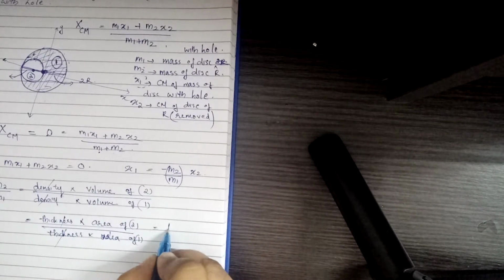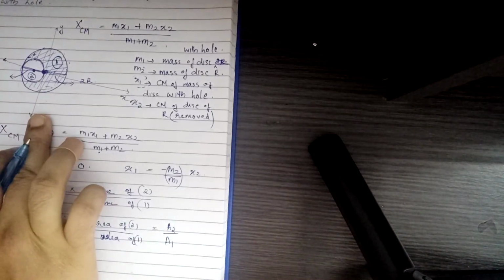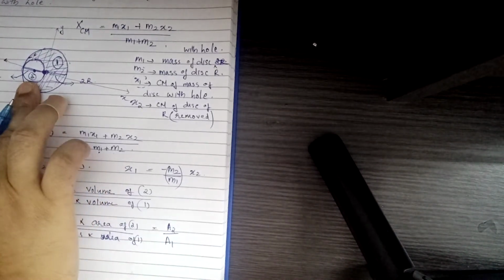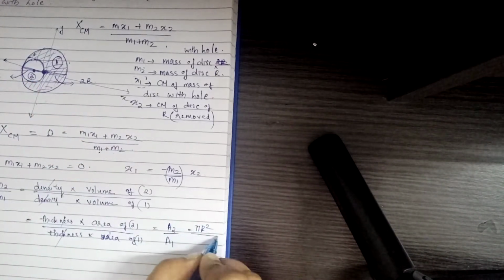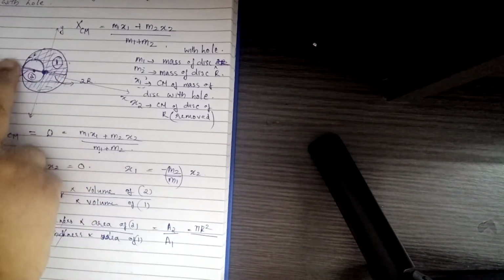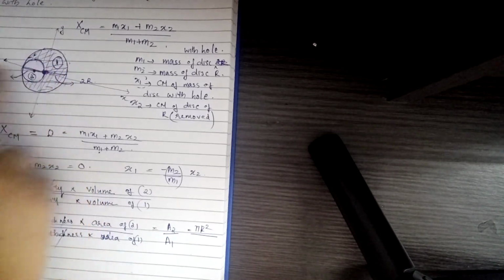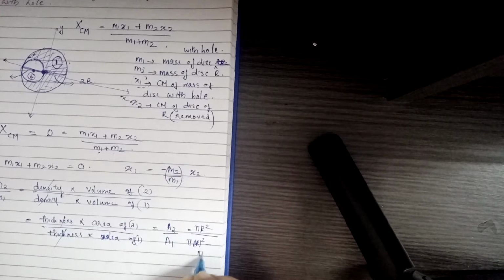So I get the area of the second portion, A2 by A1, and from the diagram it is clear that the area of the second portion will be pi r square, divided by the area of the first portion, which is the area of the bigger circle minus the area of the smaller circle, so pi 2r square minus pi r square.